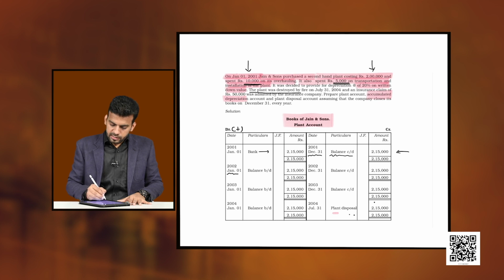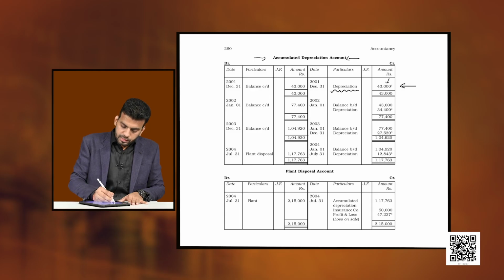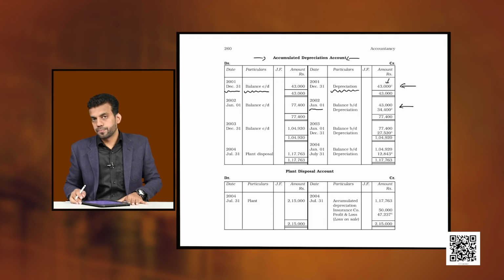Whatever the CD is, the same is BD, and the same happens to accumulated depreciation account. As the name is suggesting, accumulated, we have to collect the depreciation till the date of sale of machine in a separate account. So, this is depreciation for the first year, this is the CD on 31st December, then it becomes BD of 1st January 2002.